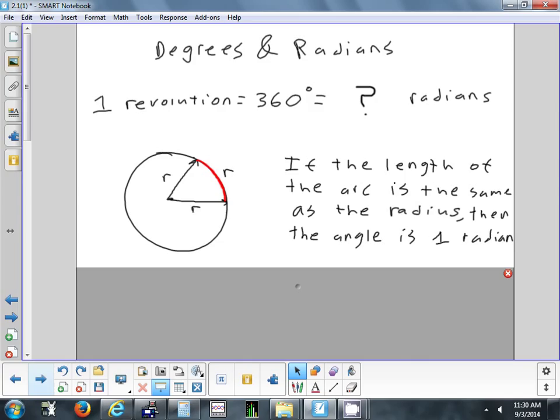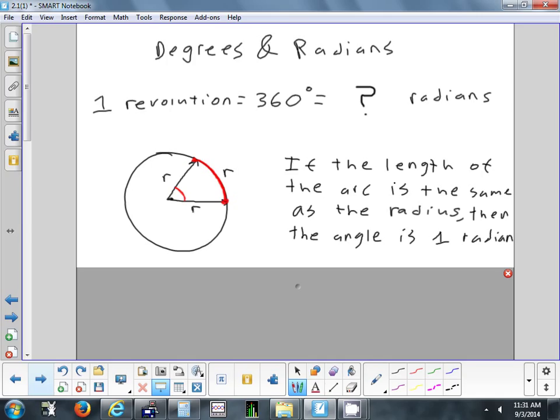The angle just keeps going, but I'm looking at the two points where it hits the circle. Here and there. If you measure that arc, like take a piece of string, measure the arc, and then take that piece of string and measure the radius, and the arc and the radius come out exactly the same, then the angle that you drew is 1 radian.